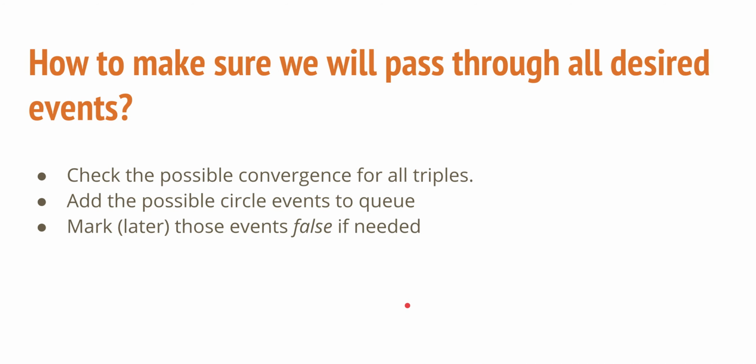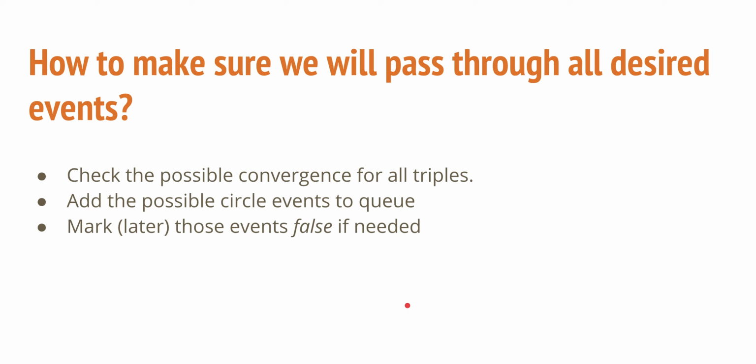There's one issue. We have to make sure that we will pass through all desired events. Although it's very easy to be sure that we will pass all side events because they are just our sides, we have to make sure somehow that we will pass through all the circle events.